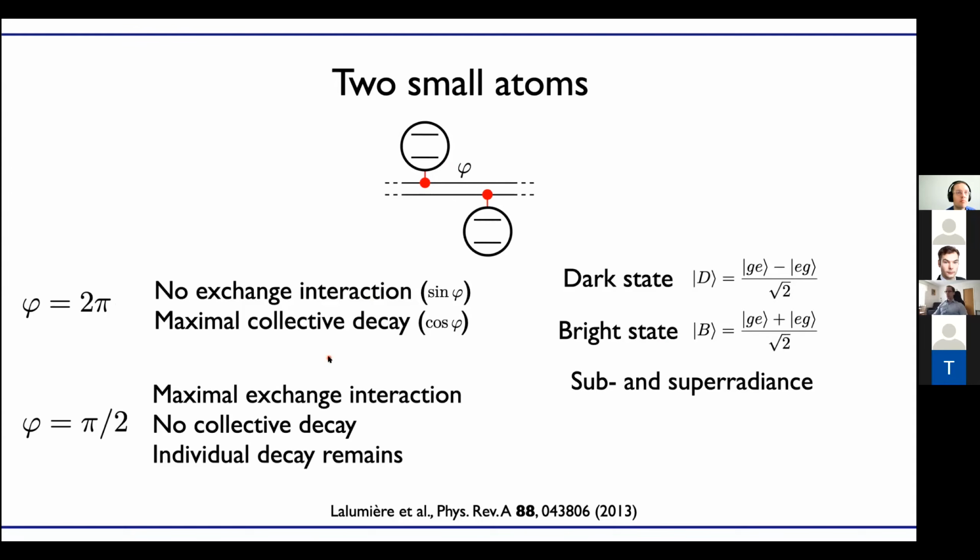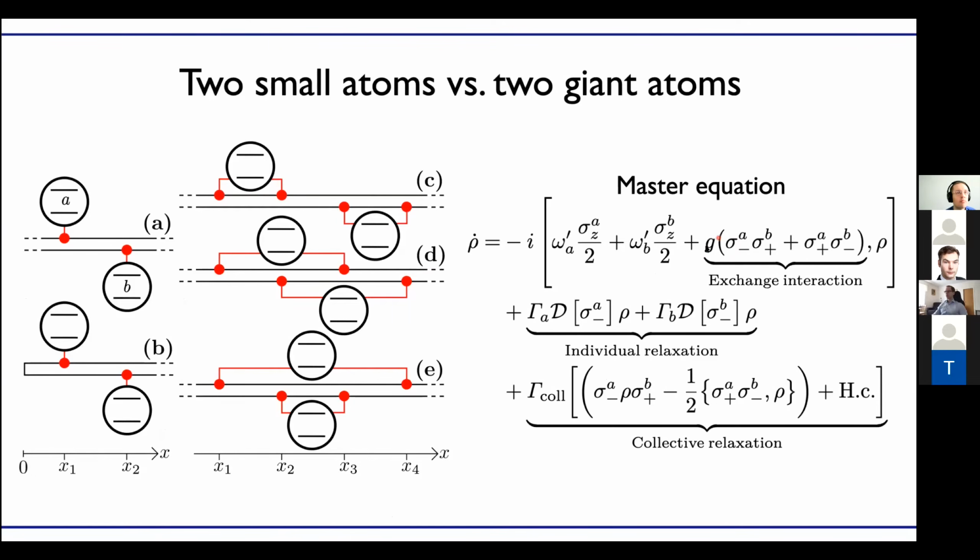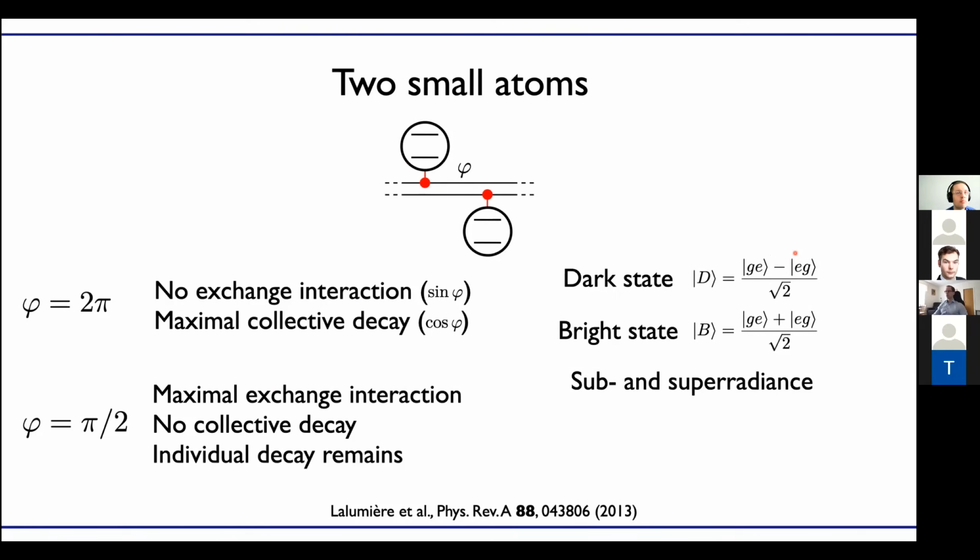And you have some different interesting cases here. If you put the atoms one wavelength apart, so the phase is 2 pi, you don't have any exchange interaction in this Hamiltonian anymore. It turns out that's proportional to sine of phi. You have a maximal collective decay, which is proportional to cosine of phi. And in this case, you have some interesting superposition states.